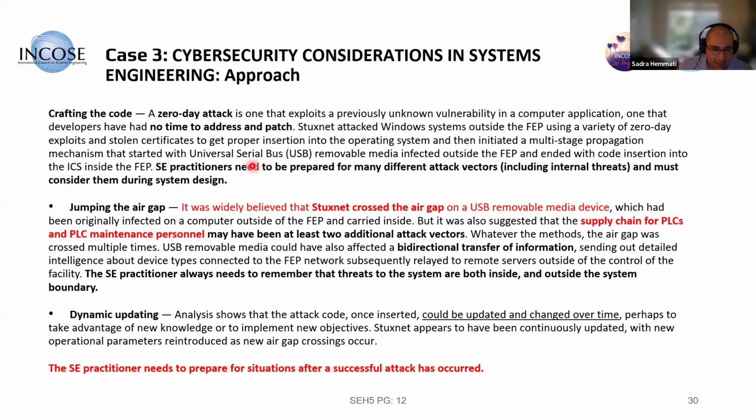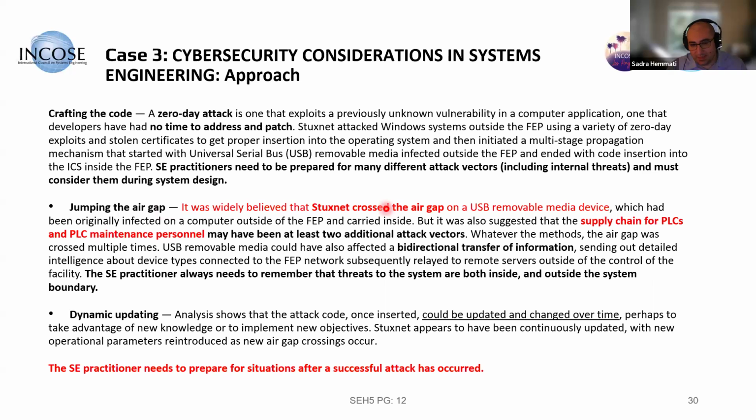It's mentioned in the handbook that we need to be prepared for many different attack vectors, including internal threats. And we should consider them during system design. It should be well thought out before the zero-day attack. And this case study showed that these kinds of viruses could jump the air gap.